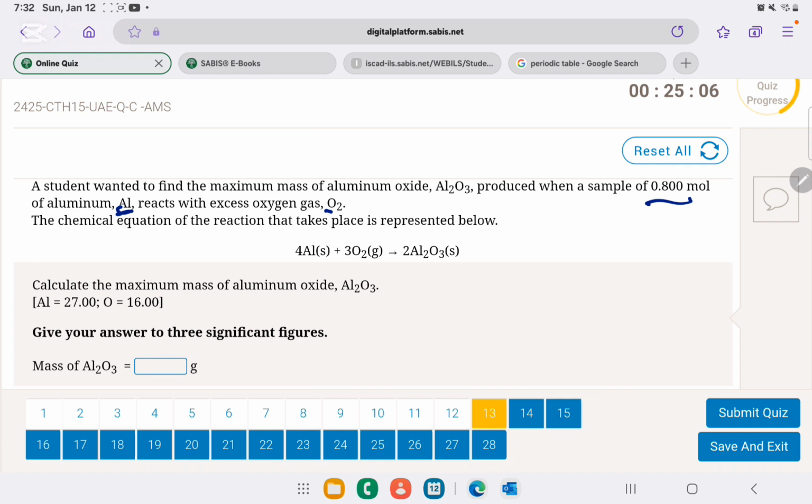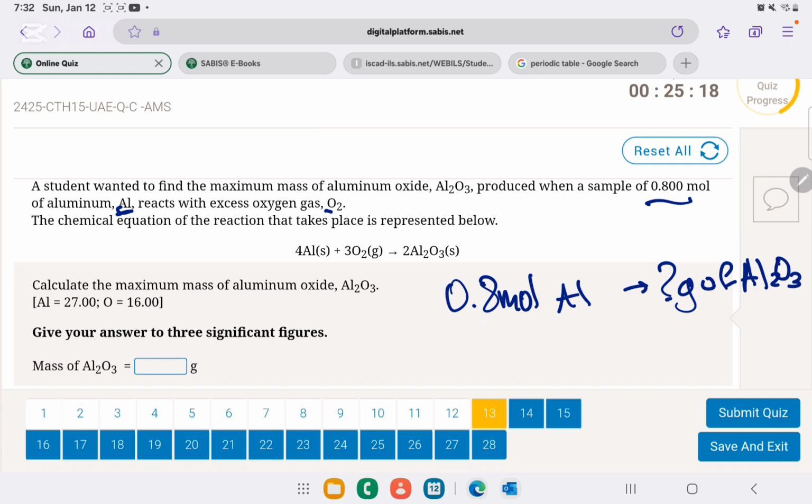So we're gonna do stoichiometry again. 0.8 moles of Al gives question mark grams of Al2O3. Under the moles of Al, we're gonna write the coefficient of Al in the equation, so 4. Then under the mass of Al2O3, we're gonna write the coefficient times the molar mass, so 102.